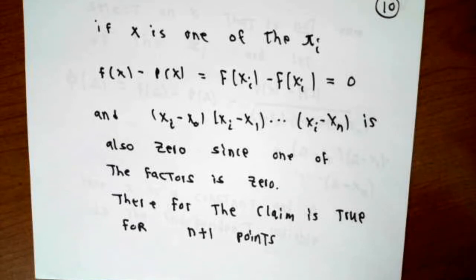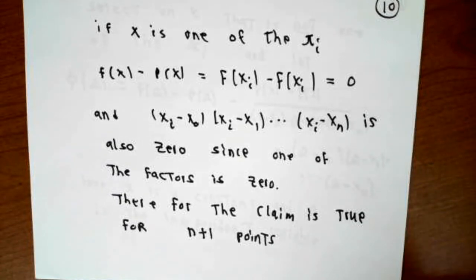Suppose that x was one of the x values out of your data set. Say it was x number i. Then f of x minus p of x would be f of xi minus whatever you get when you put xi into the interpolating polynomial, which is f of xi. So the difference would be 0.